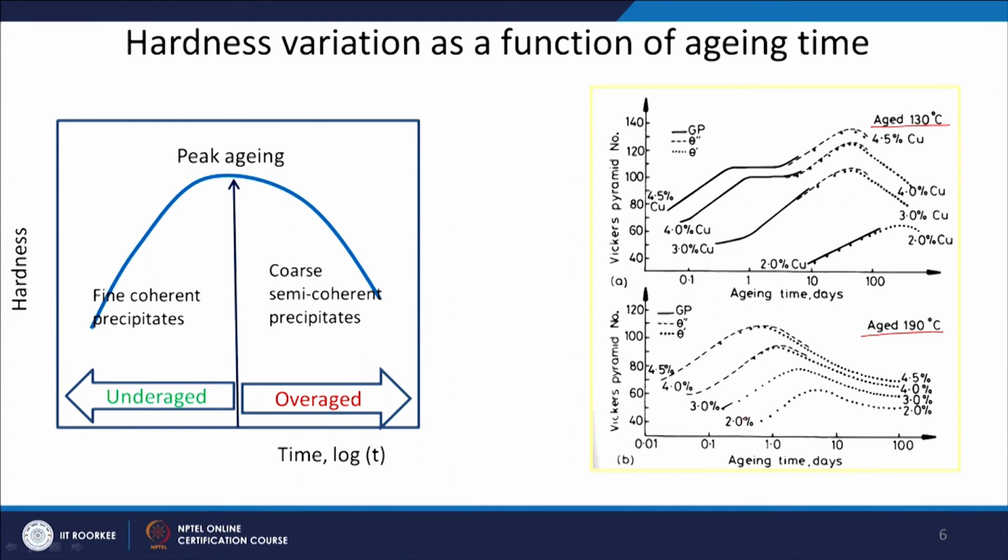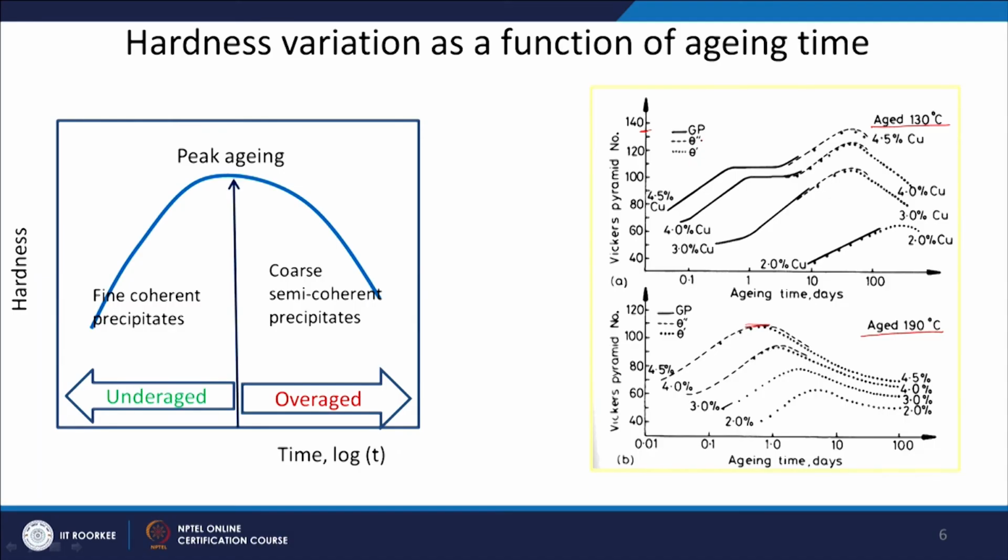But the problem is now my peak hardness is somewhere around 100, whereas in this case the peak aged value was more than 130. So, I have reduced the time for peak aging condition, but the peak hardness which I am going to achieve is now lower.